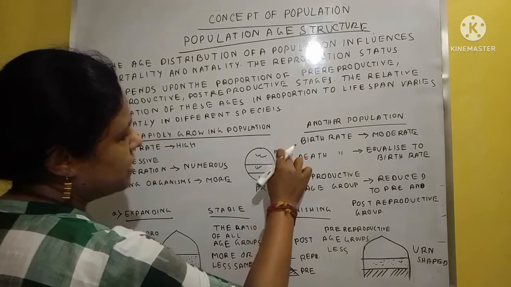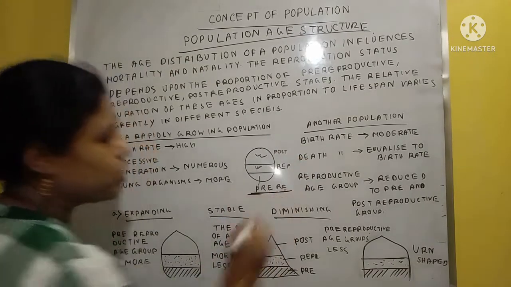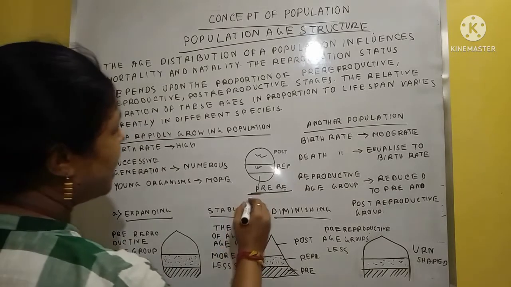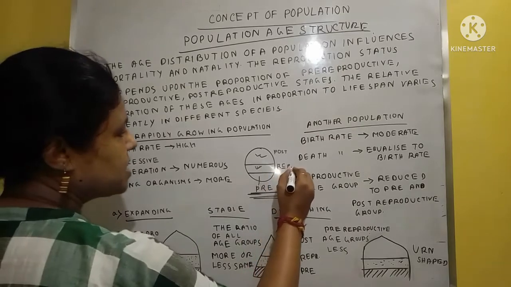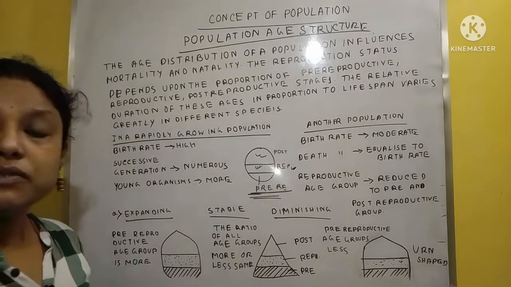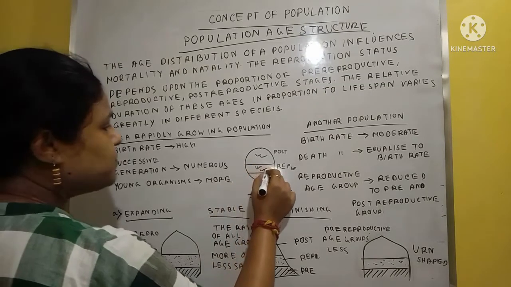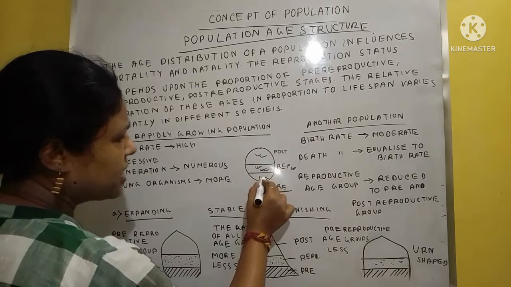If the number of young ones in the pre-reproductive stage is very high, then obviously the production of individuals in the reproductive stage may be high. This reproductive stage depends totally on the pre-reproductive stage.